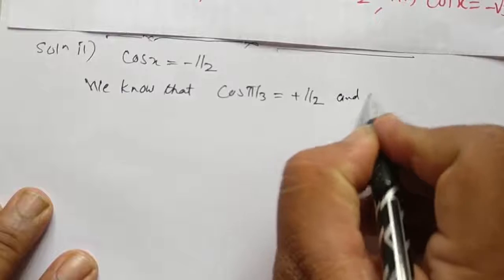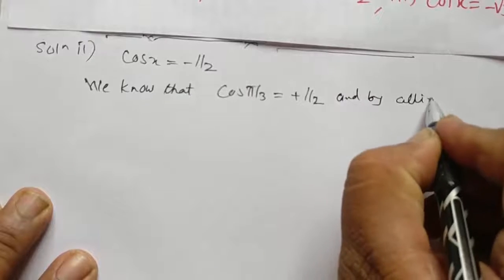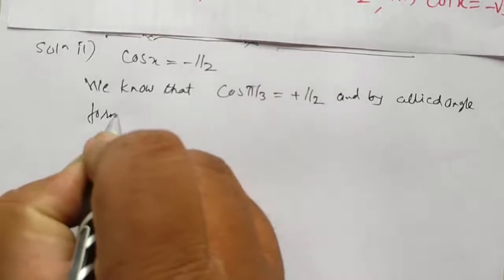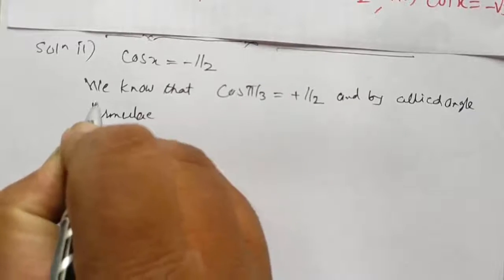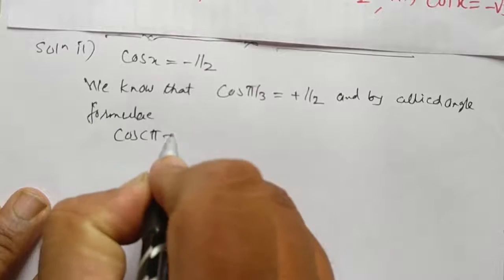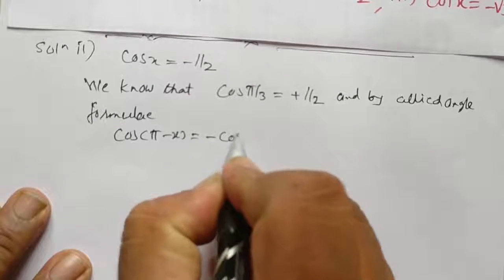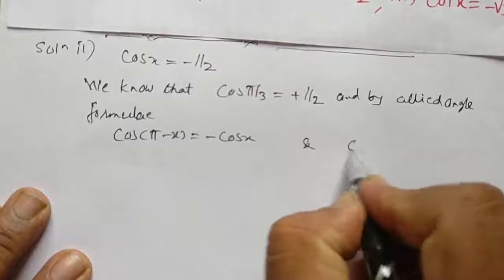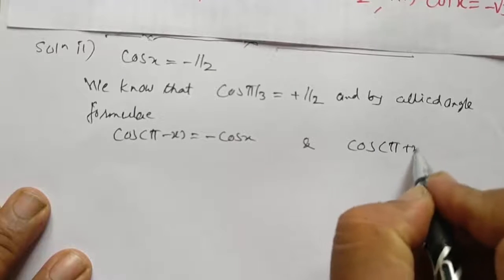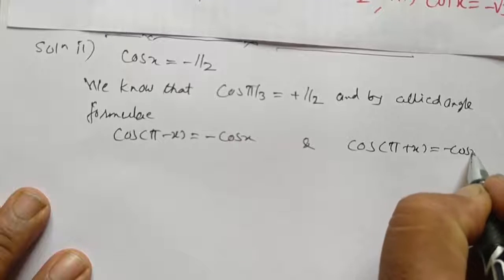And by allied angles formula, cos of pi minus x is equal to minus cos x, and cos of pi plus x is also minus cos x.